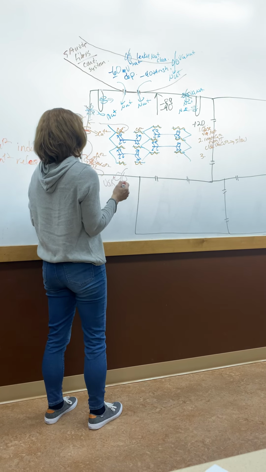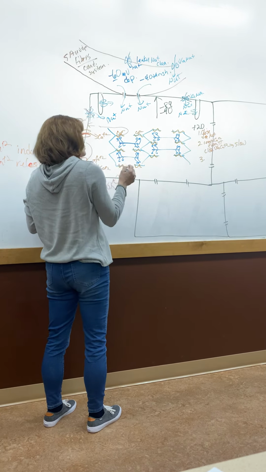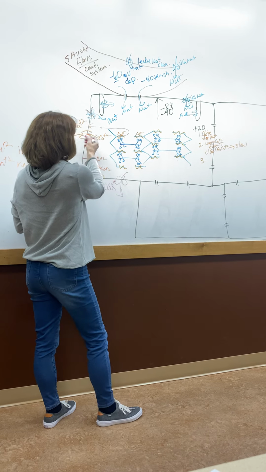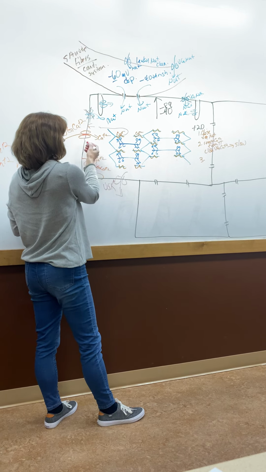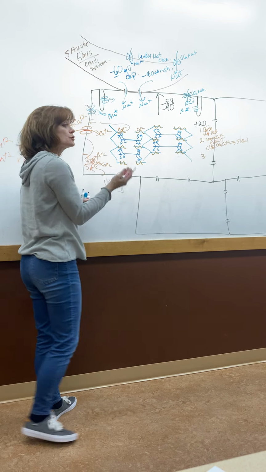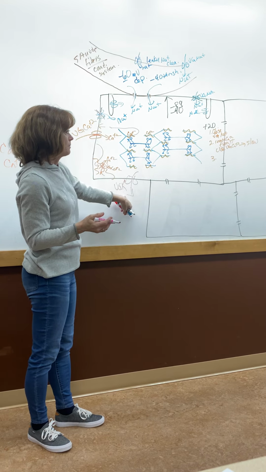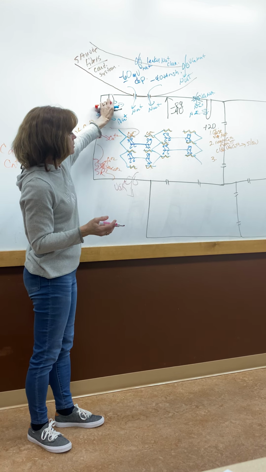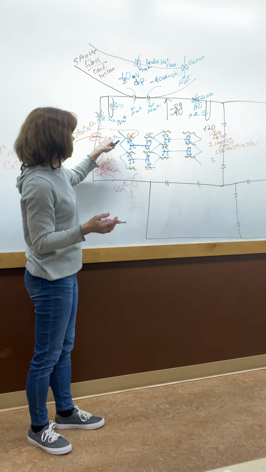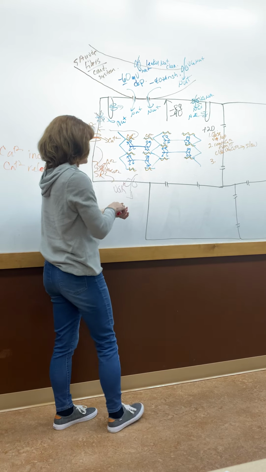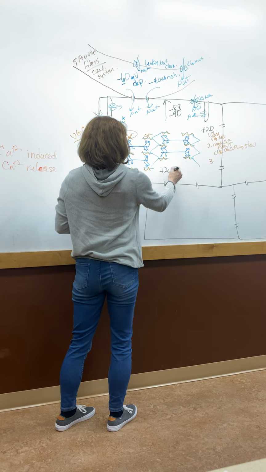We bring our plus 30 back down to minus 70. Here though, I told you that our voltage-gated calcium channels are going to close, but they're slow. These are fast, and these are fast. So if these have closed, these have opened, but these haven't closed yet, what does that do to my plus 20?